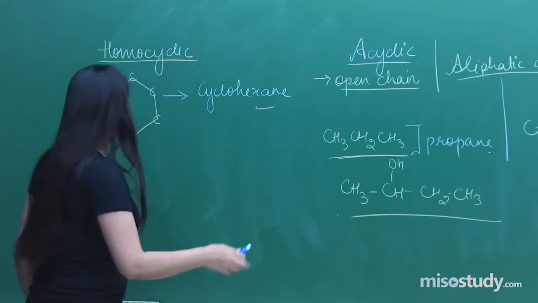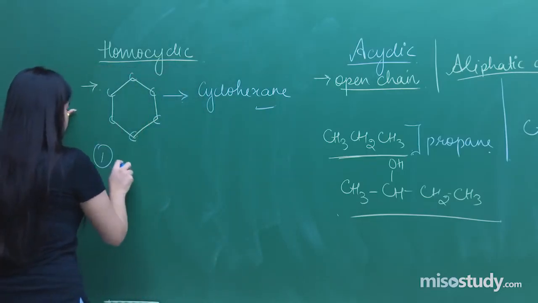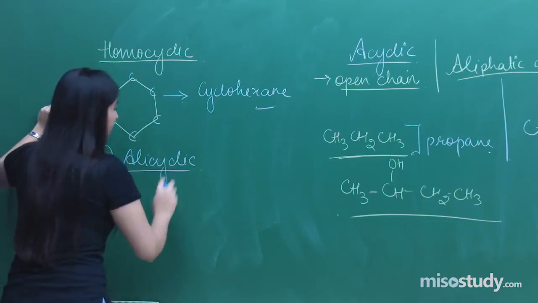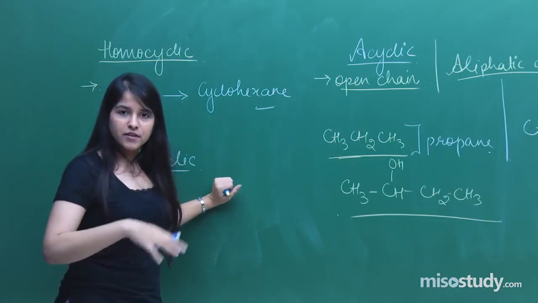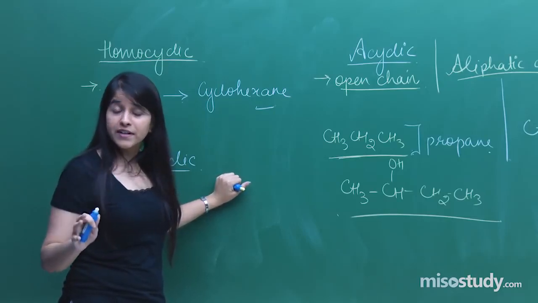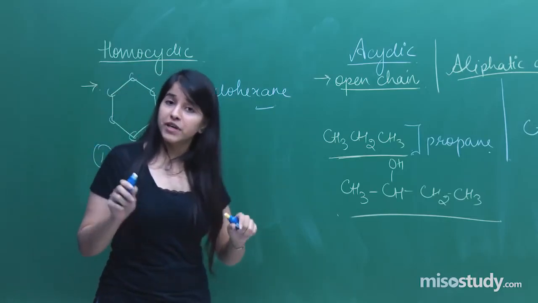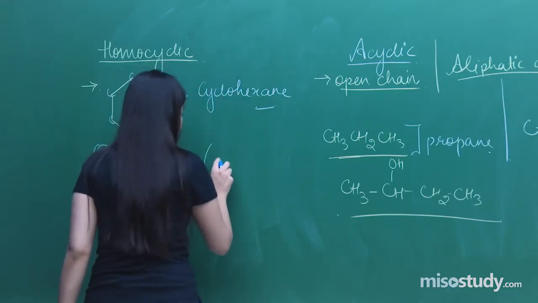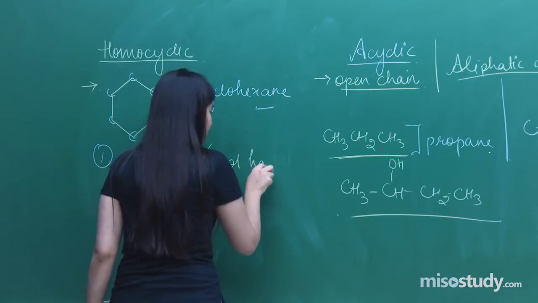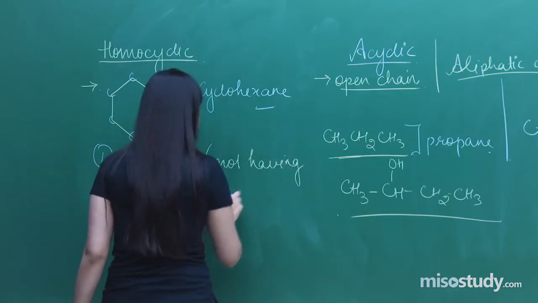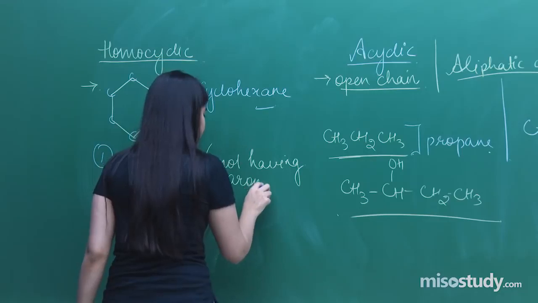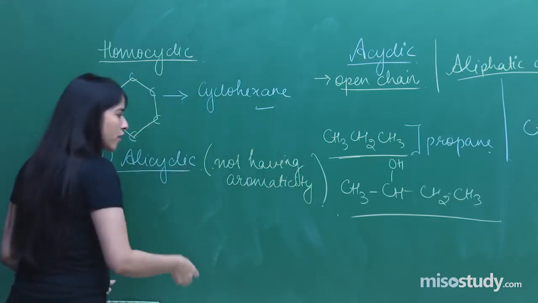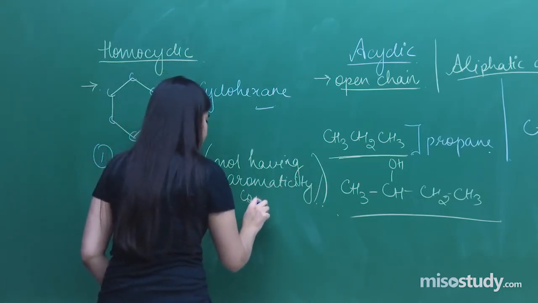So what is alicyclic? Alicyclic is having simply the rings, not having any kind of conjugation. You need to just mug this up, that is, not having aromaticity, or I can say the conjugation.